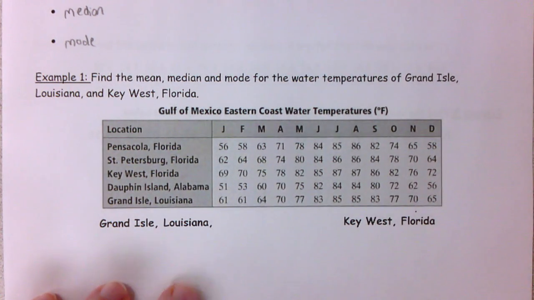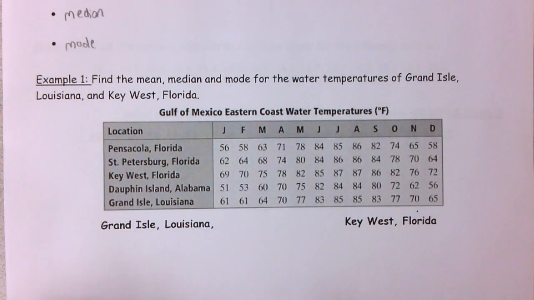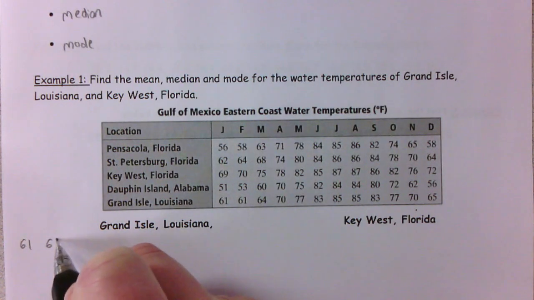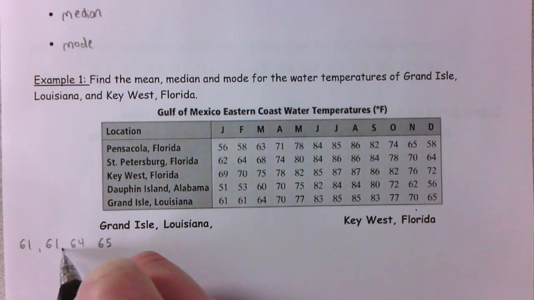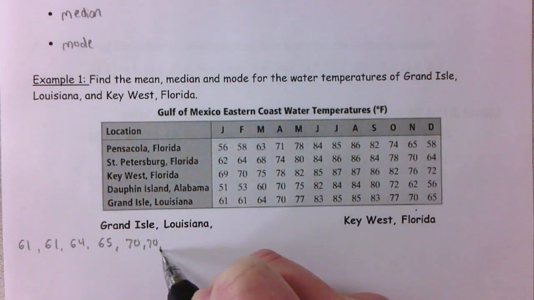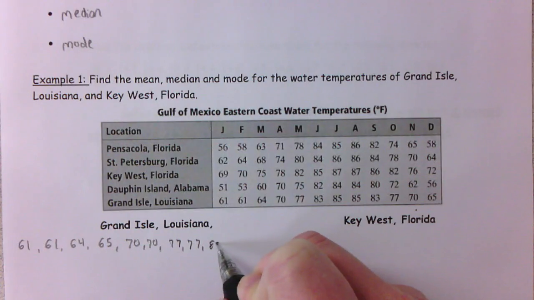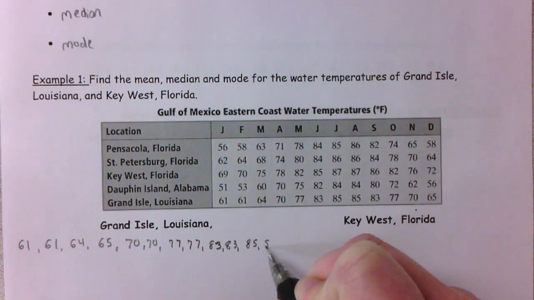So in order to find the median, what do we have to do with all the numbers? We need to put them in order. So for Grand Isle, we're going to have 61, 61, and then 64, 65, 70, 70, 77, 2 77s, 83, 2 83s, and 2 85s actually.